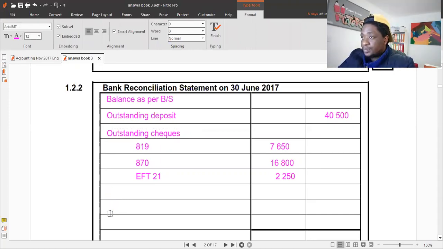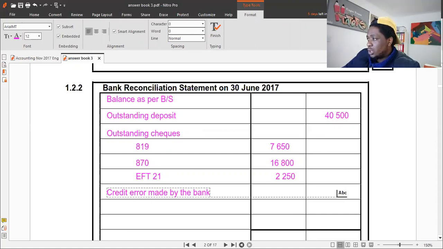You can say, for instance, credit service fees error, whatever you decide to call it, and it will go into the credit side because the debit side is overstated. So if you put it in the credit, it's going to cancel the amount that is on the debit side.